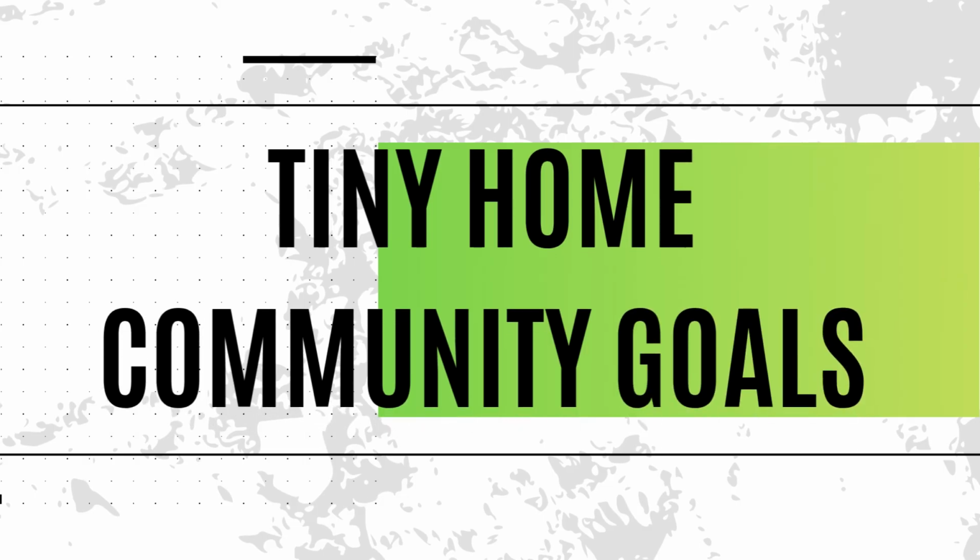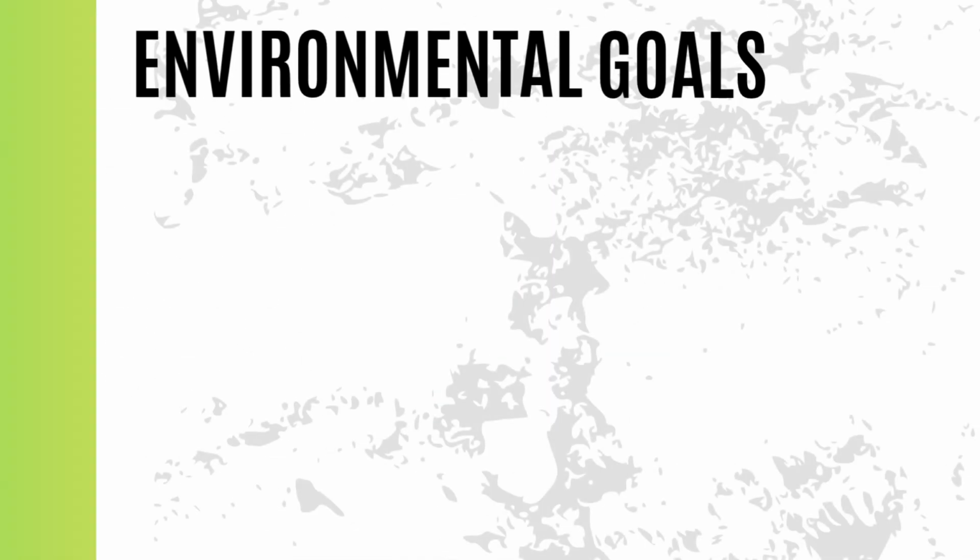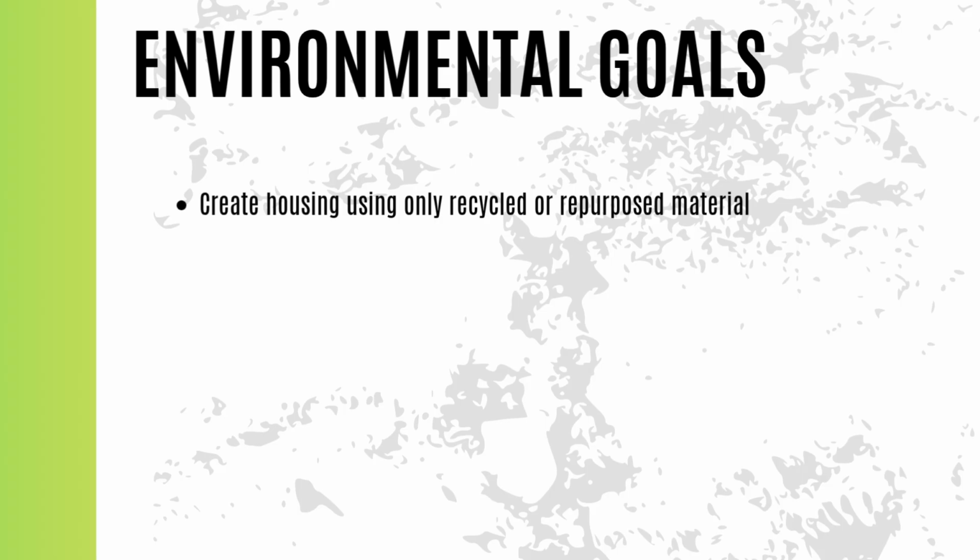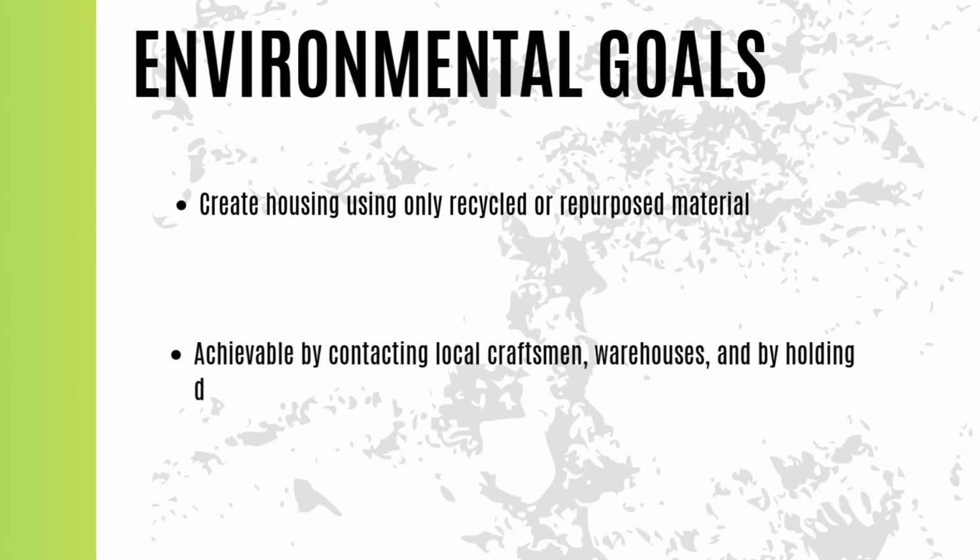Next, the two categories of goals for these communities are environmental and social. The environmental goal of tiny home villages for the homeless is to create housing only using recycled or repurposed material, no new material. This goal is achievable by contacting local craftsmen, warehouses, and by holding donation events to obtain said materials.